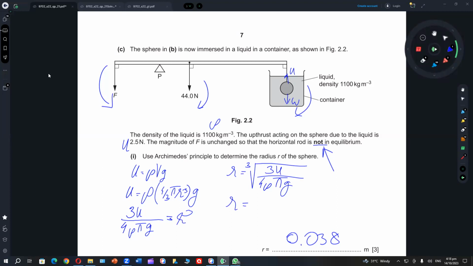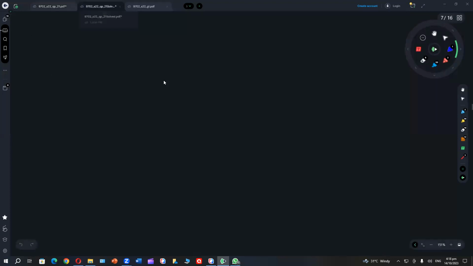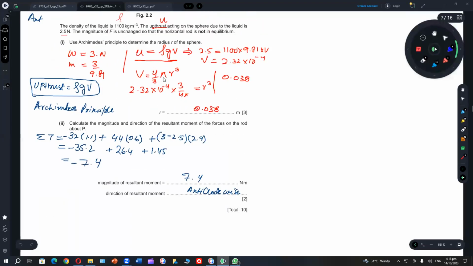Let me know the answer. The resultant moment. So is it 7.3? Moments in the same direction are added and opposite direction are subtracted.